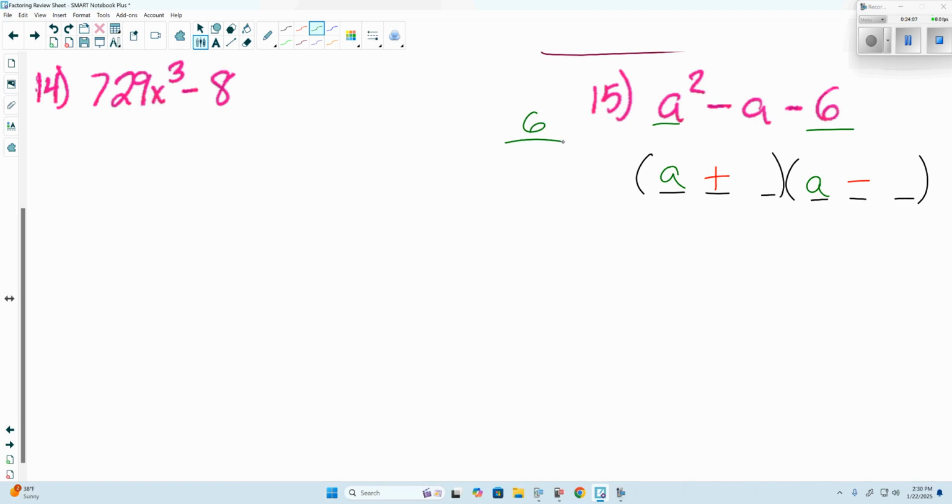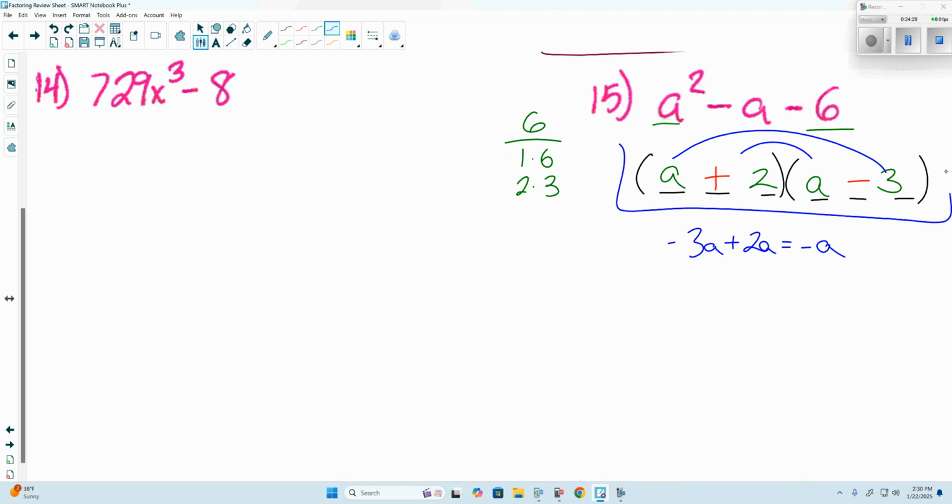Factors of 6 are... which one do we want to try first? A times negative 3 would be negative 3a. 2 times a is plus 2a. Negative 3a plus 2a is negative a. That's it.